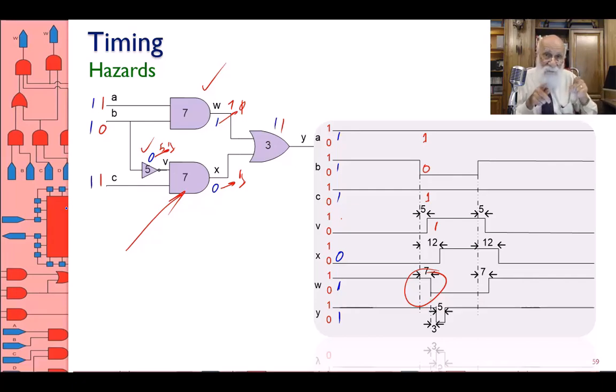That happens after 7 nanoseconds. That 7 nanoseconds adds up to the 5 for the input change, and therefore 12 nanoseconds after B changes to 0, my X output changes to 1. But remember, something else is happening also, and that is at time 7, the OR gate output sees a 0.